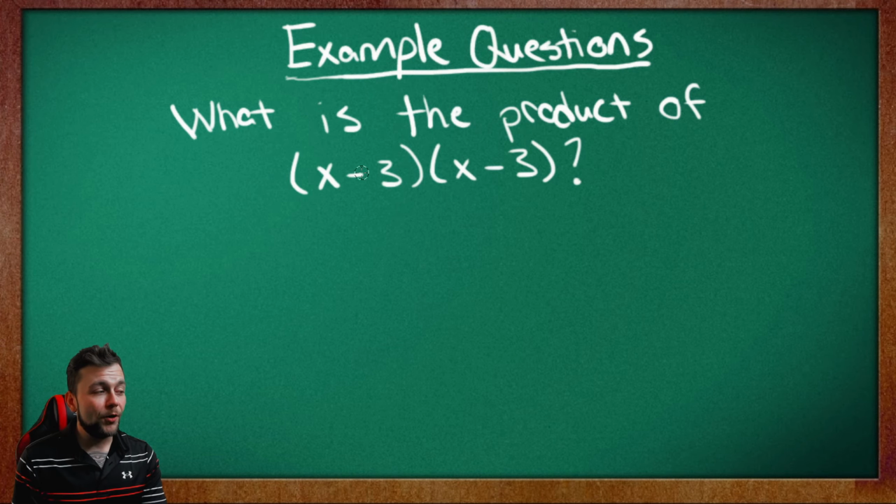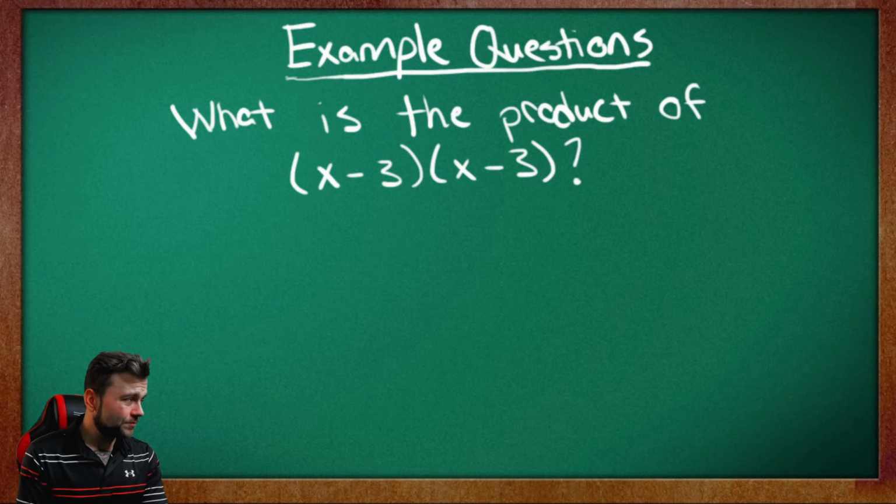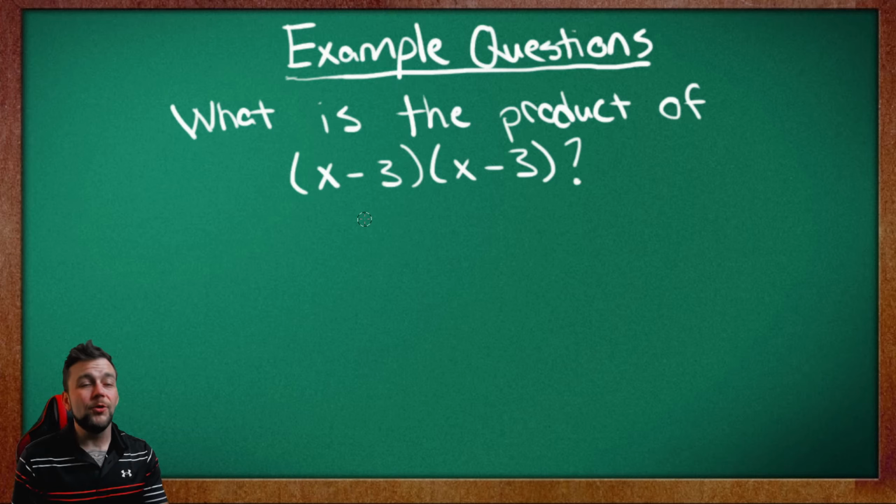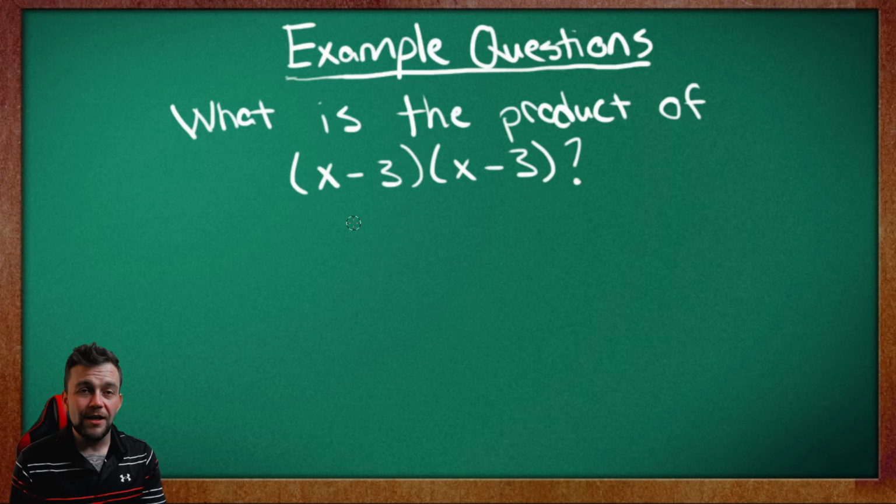So we're going to FOIL x minus 3 and x minus 3. This one is a little bit special, because it's the same factor, and you'll see something with the end result. Earlier I did videos on patterns in mathematics and how important it is to be comfortable with them.